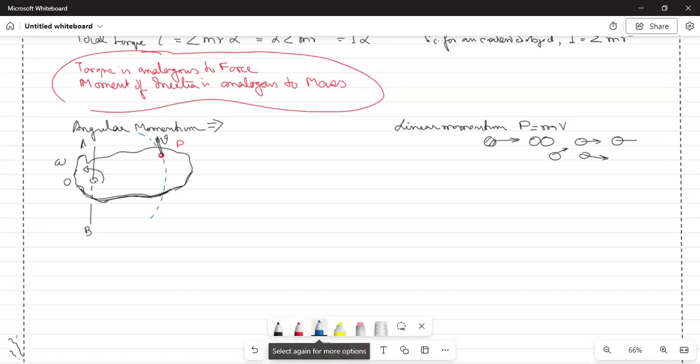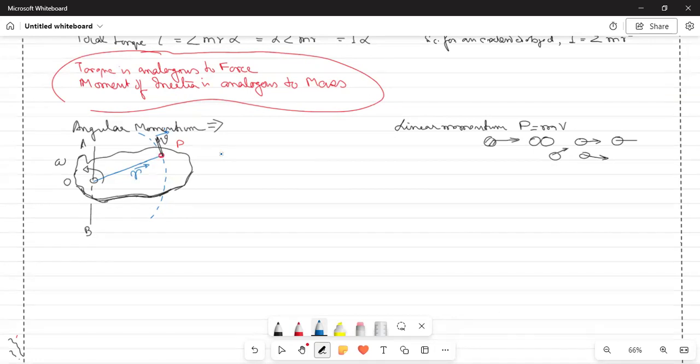And if we join this point P from the axis of rotation, let us say this is distance r. This is called the position vector, because it has the xy coordinates, so this is r. And this is v, which is also a vector. We know there is a direction of this tangential velocity v, right?